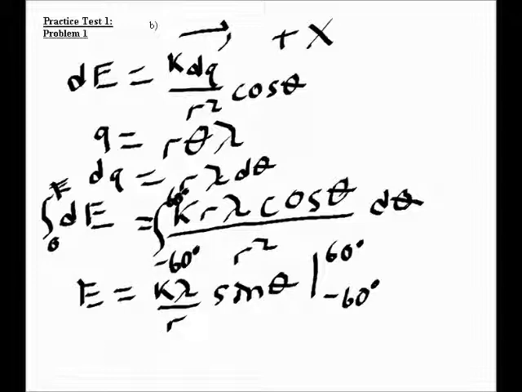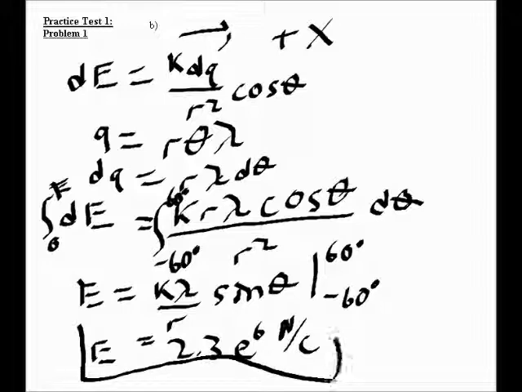And once you plug and chug all of that to get your numbers, E turns out to be equal to 2.3 e to the 6 newtons per coulomb. And that's it for part B.